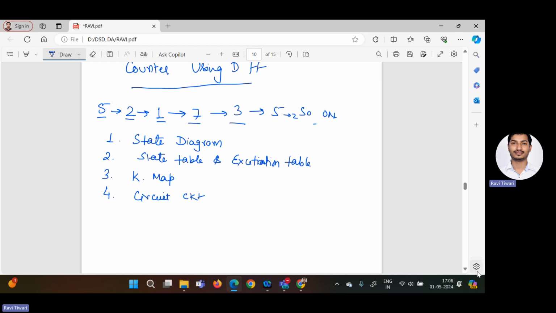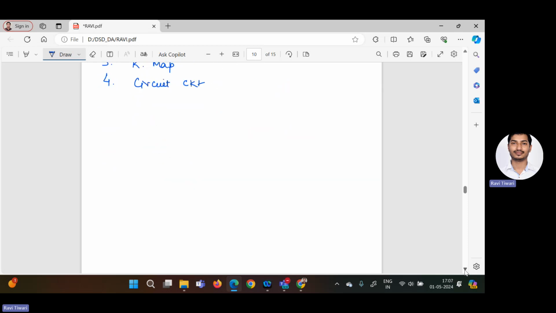Let's see the first step, that is the state diagram. Here I'm writing the question: we will design a circuit which can count 5, 2, 1, 7, 3, and then 5 again, 2, 1, 7, 3, 5, like that. What is the meaning of state diagram? We will write down 5 first, represented in binary as 1, 0, 1.